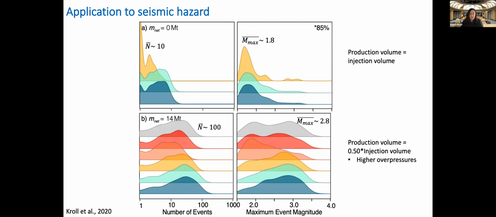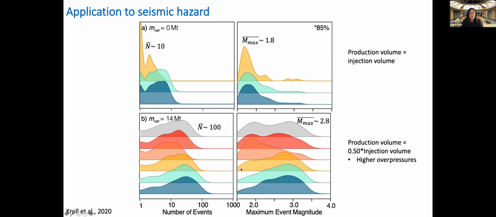Okay, in this slide, we're showing the primary results of this active pressure management study. Again, we performed thousands of simulations to investigate the efficacy of using active pressure management as a reservoir engineering strategy to reduce induced seismicity. In these figures, we're showing the total number of earthquakes in the simulations in the left column, and the maximum magnitude in each simulation in the right column.